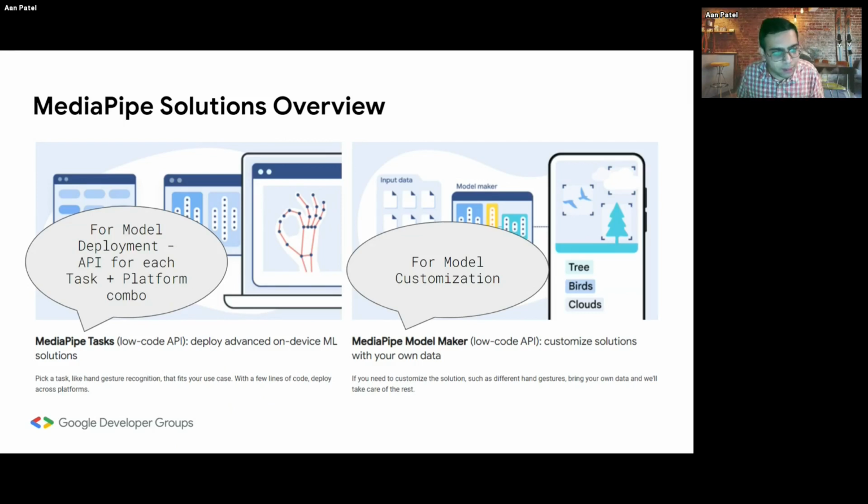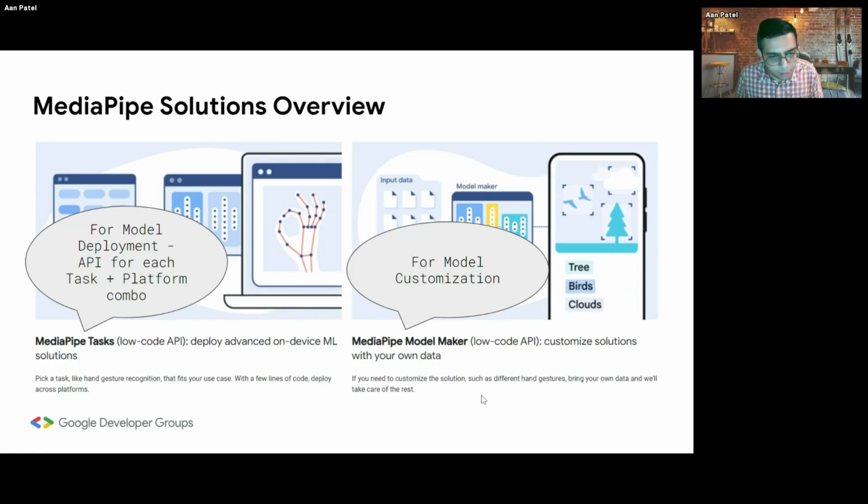So, for example, if you have a model that looks at an image of a hand like shown here and figures out the gesture that the hand is making, you would want to deploy that on different platforms. And MediaPipe Task APIs are available for Android, iOS, web, and Python. So you can also run it on the back end if you wish to, but it's a multi-platform solution for a lot of machine learning tasks.